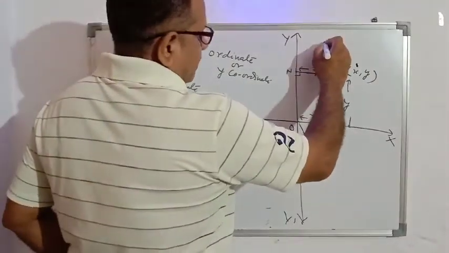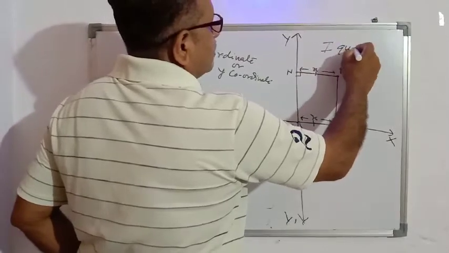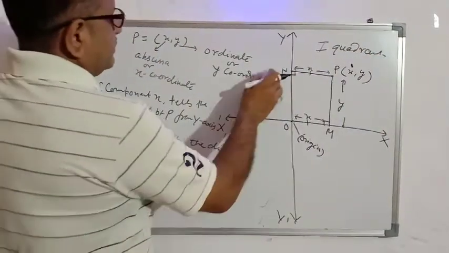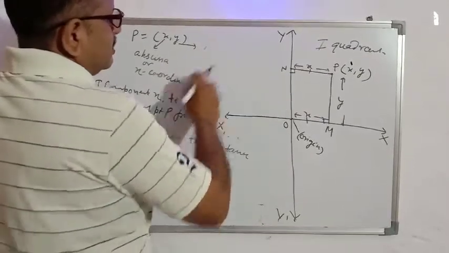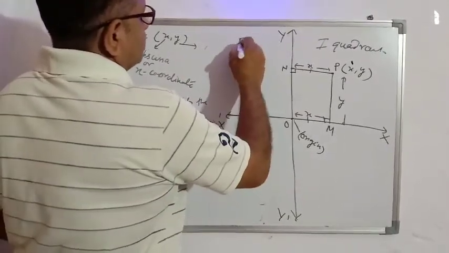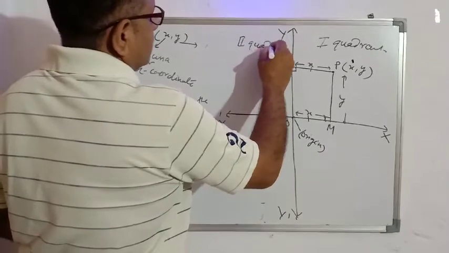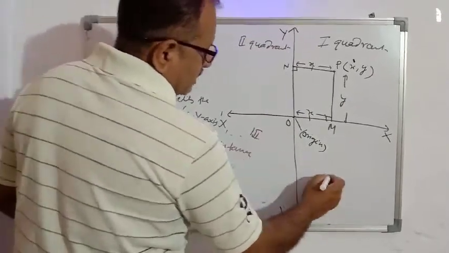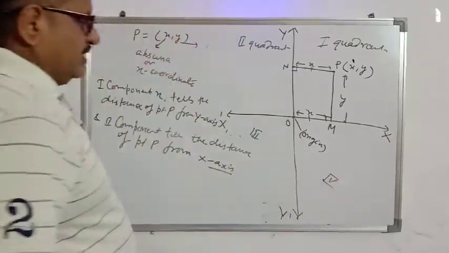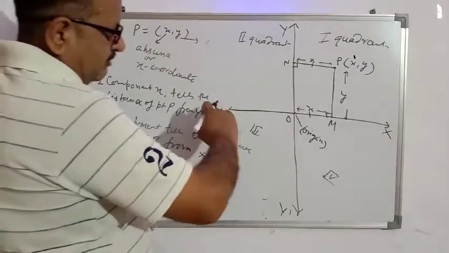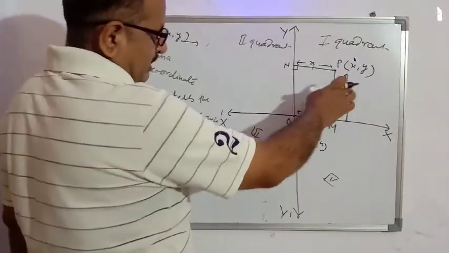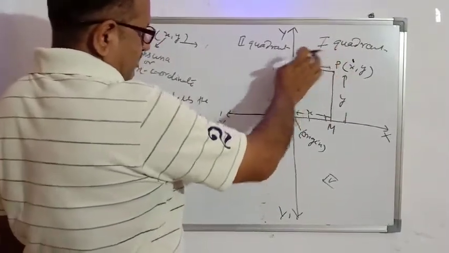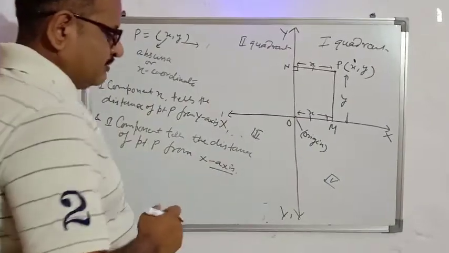So that is first quadrant, this one second quadrant, it is third quadrant and this is fourth quadrant. Each part is called quadrant.